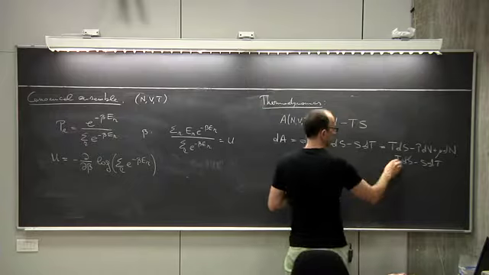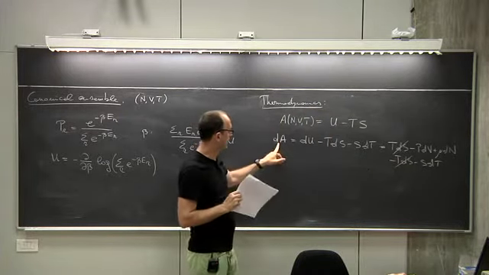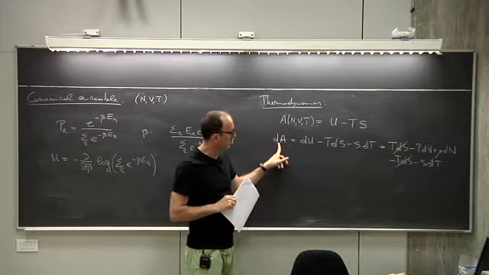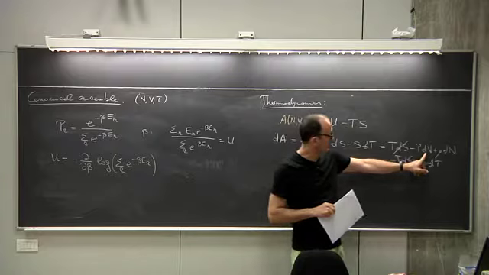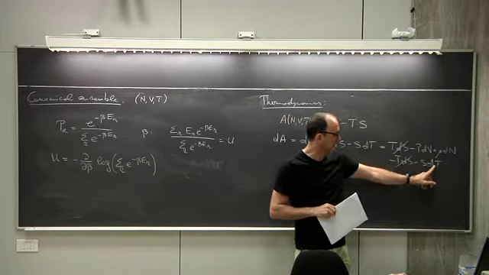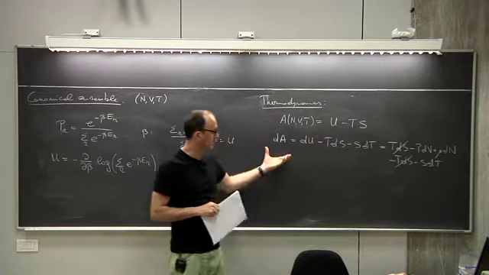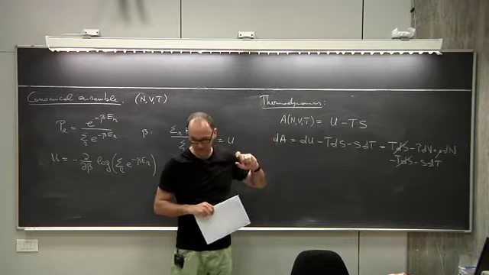So you see that this term and this term cancel. So you really see that the differential of A is a linear combination of the differentials of number of particles, volume, and temperature. So this tells you that A is really a function of number of particles, volume, and temperature.